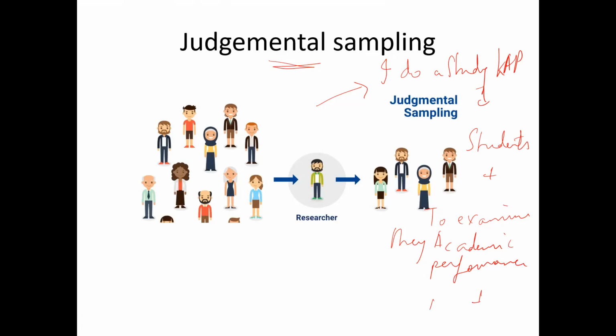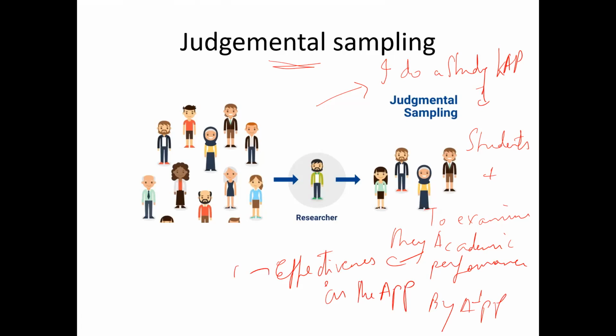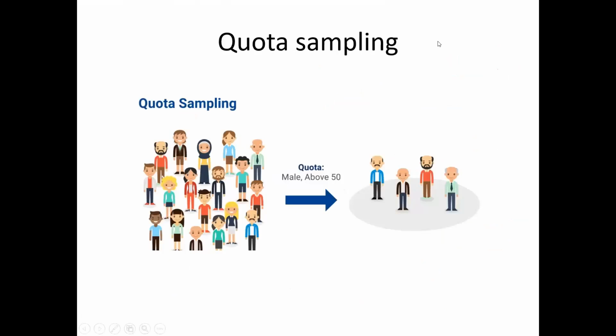I need effective results in the app. So I take bright students, so that the academic performance will be very good. So in judgmental sampling, I judge the individuals and take them into account.